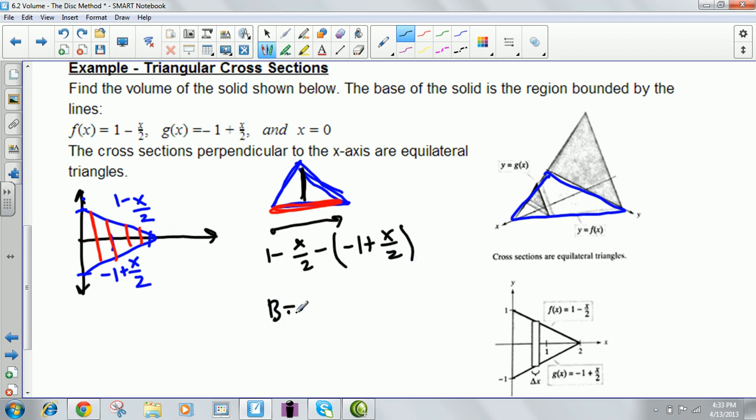When you simplify the base, you end up with 2 minus x. So that's the total distance, 2 minus x. So the distance from here to there is 2 minus x over 2.